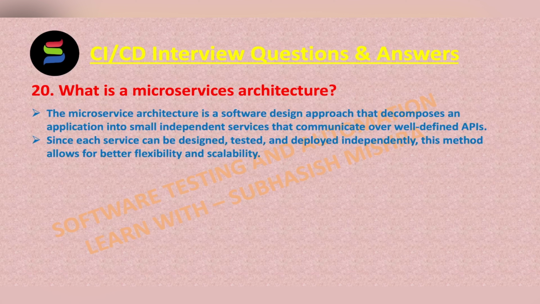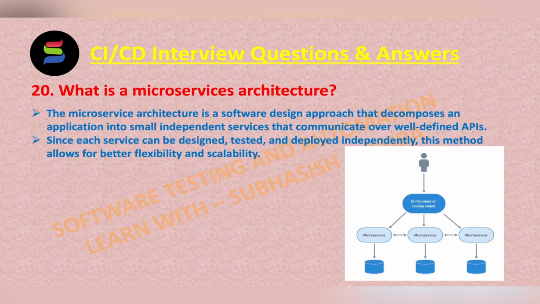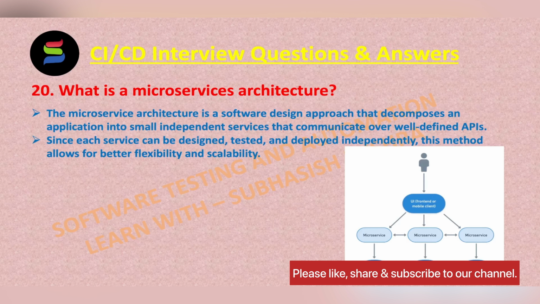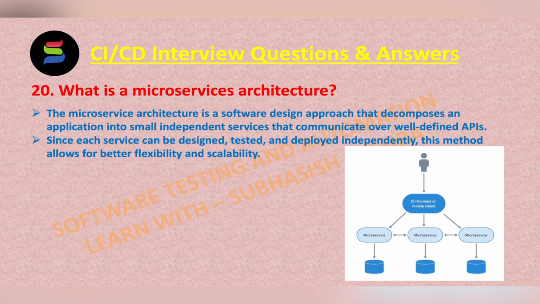The microservices architecture is a software design approach that decomposes an application into small independent services that communicate over well-defined APIs. Since each service can be designed, tested and deployed independently, this method allows for better flexibility and scalability.